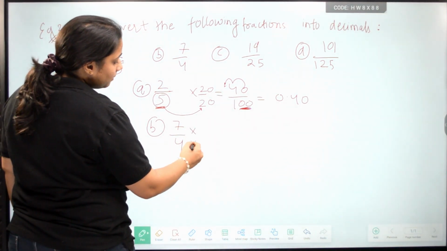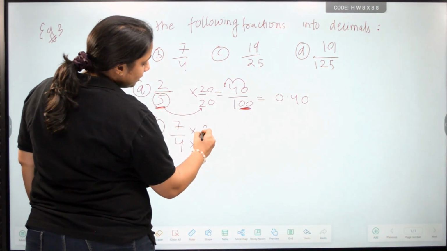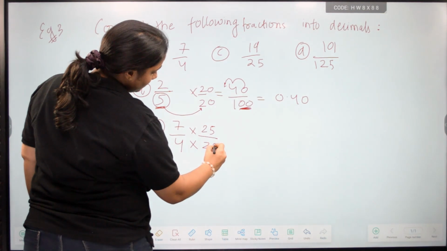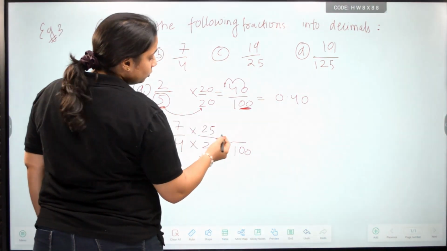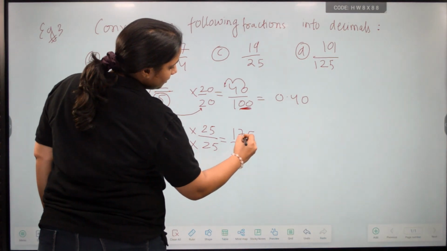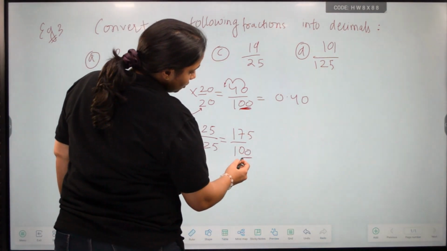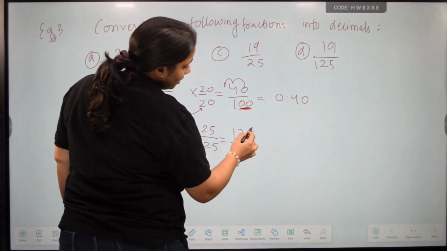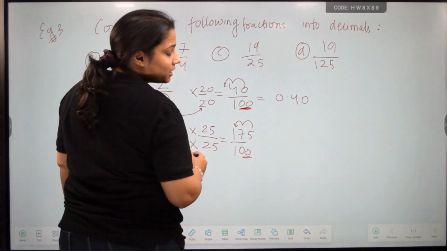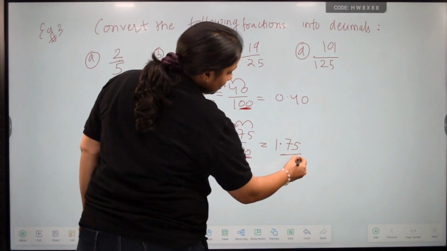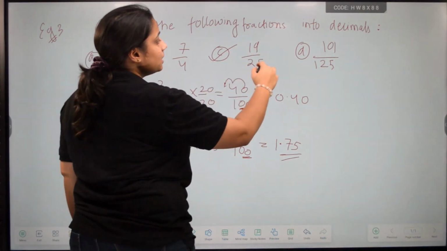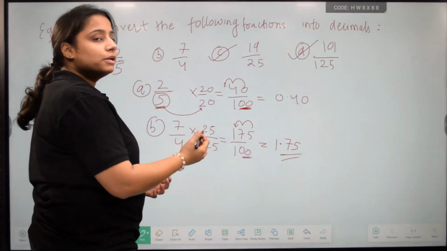By multiplying by 25. So we'll get 100 here, and 7 into 25 is 175. Now place the decimal after two numbers from the extreme right. It will be 1.75. So complete part C and D on your own in a similar way.